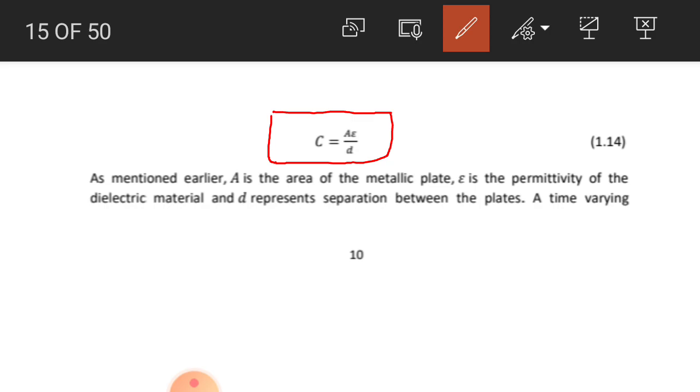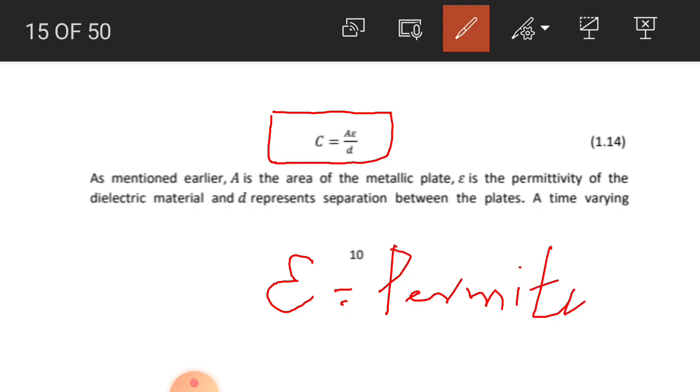A is the area of one of the two metallic plates of a capacitor. Epsilon is the permittivity of the dielectric material between the plates of a capacitor. And d is the separation between the two plates of a capacitor.